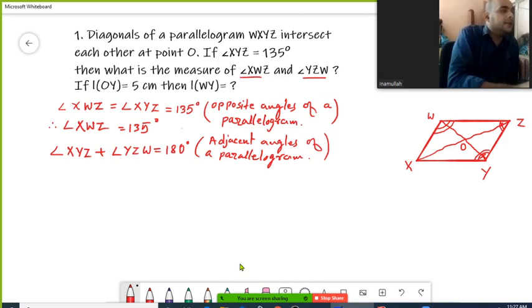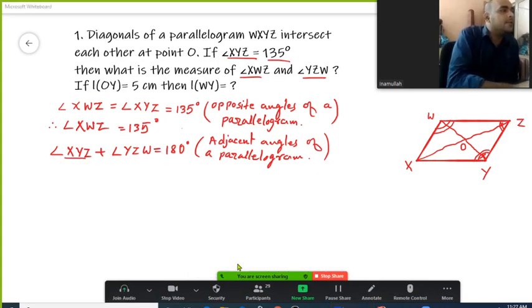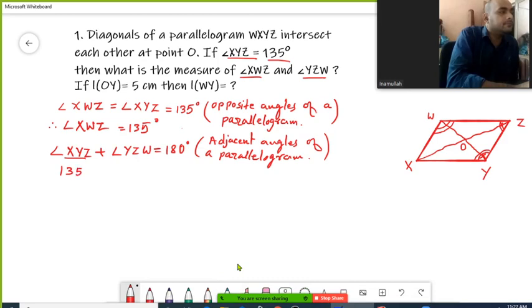This angle XYZ is already given as 135 degree. So here instead of XYZ we can take 135 degree plus angle YZW is 180. Keeping angle YZW on its place, 180 on its place, you can bring this 135 to the right hand side.